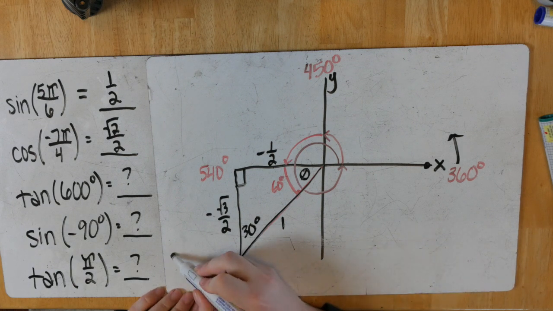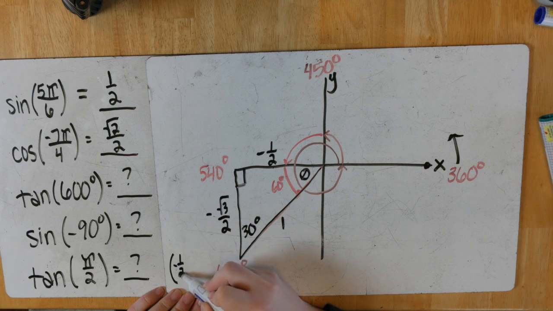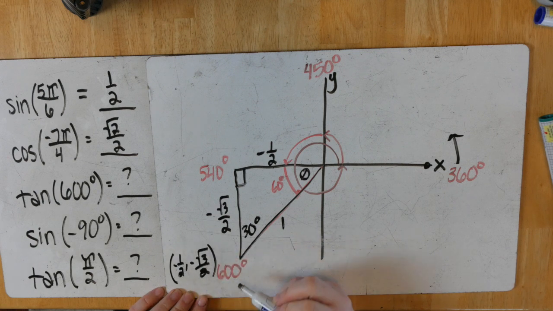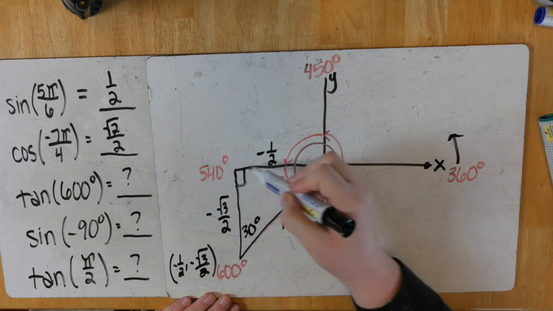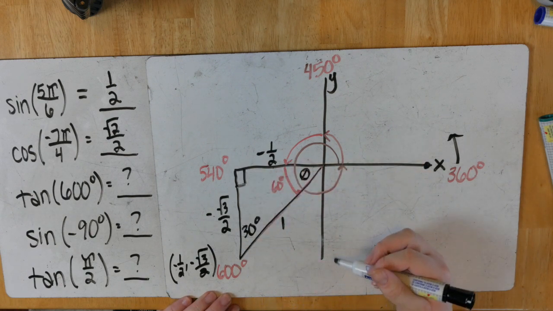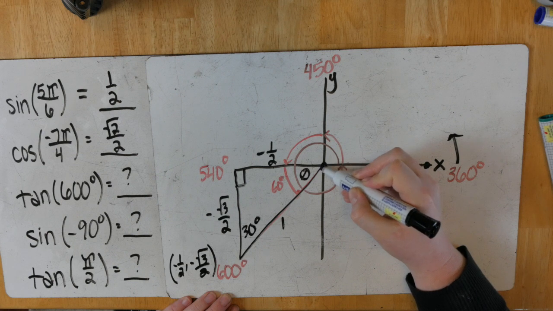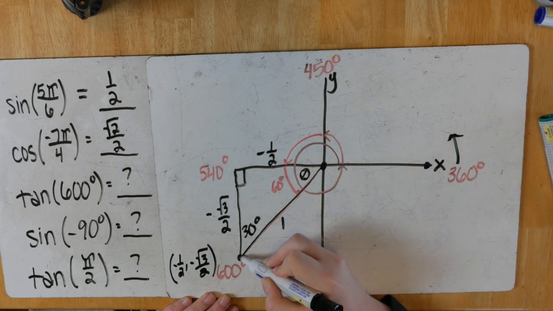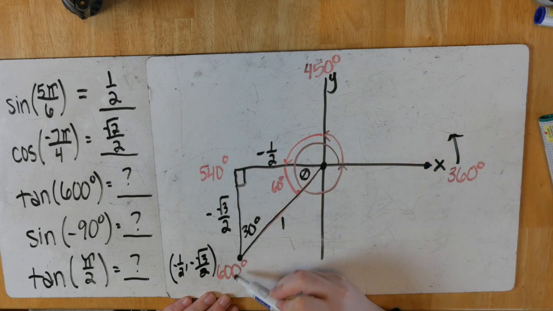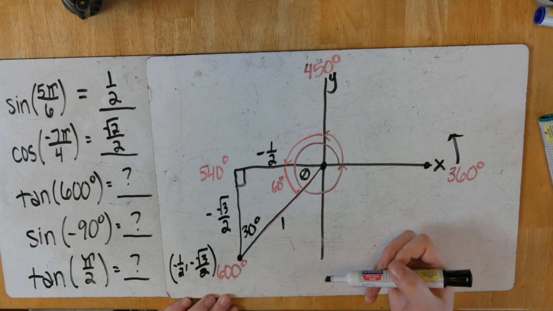So that gives us the coordinate point negative 1/2, negative root 3 over 2, which corresponds perfectly with the side lengths of the triangle we created because that represents the distance we traveled from the origin to the coordinate point that the angle 600 degrees intersects with the unit circle.